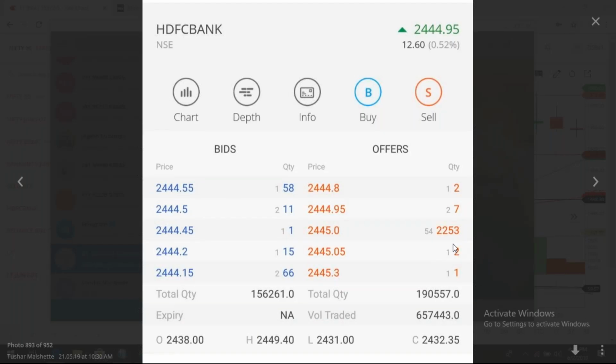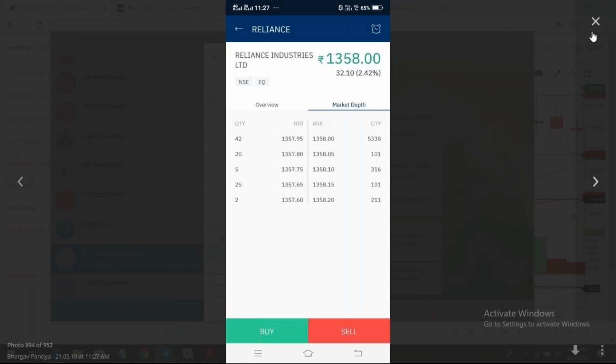See, people see FI hedging in HDFC Bank. Someone has posted this. See, 2253. Again, someone has posted. See, Reliance Industries 5388. Normal quantity is 40, but see the big quantity, 5388 with 135.